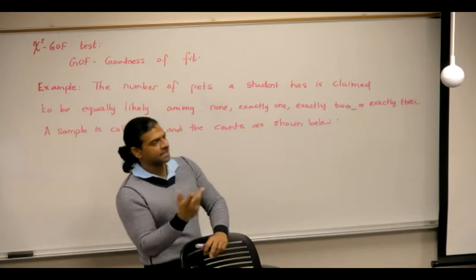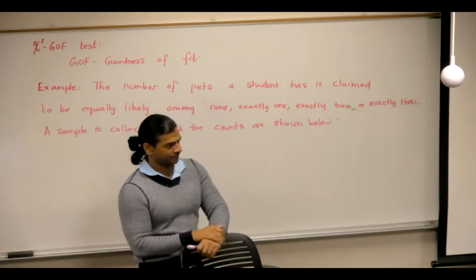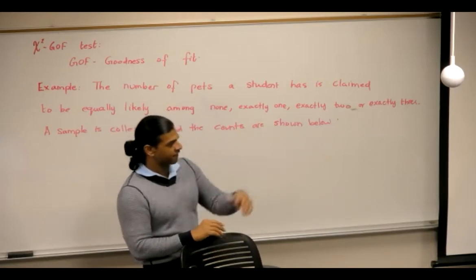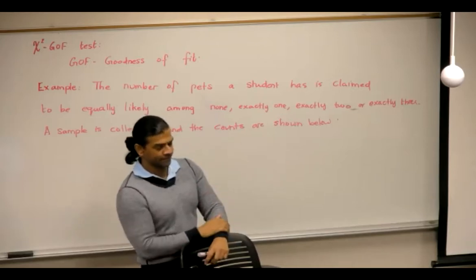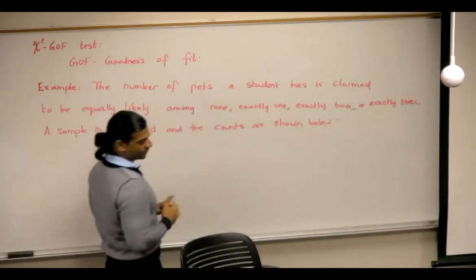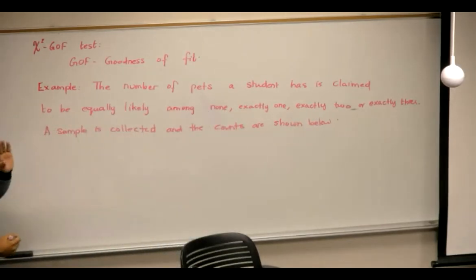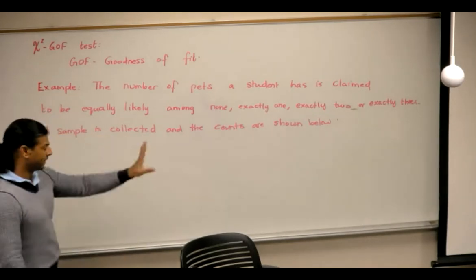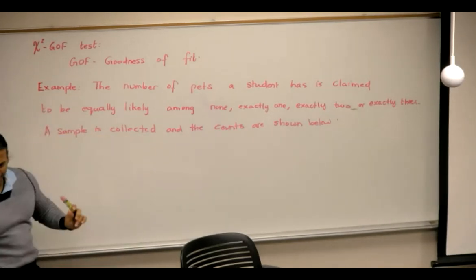What percent would that be? 25%, 1 in 4, right? If I pick a student, they are going to fall in one of those cases. So the null distribution is that the probabilities are the same.